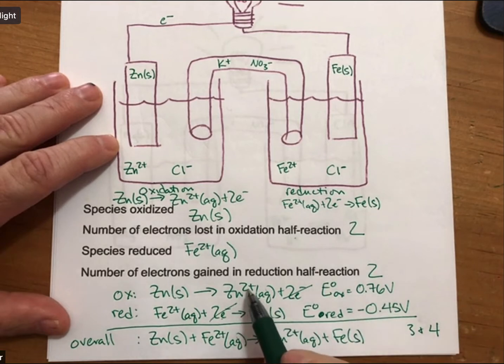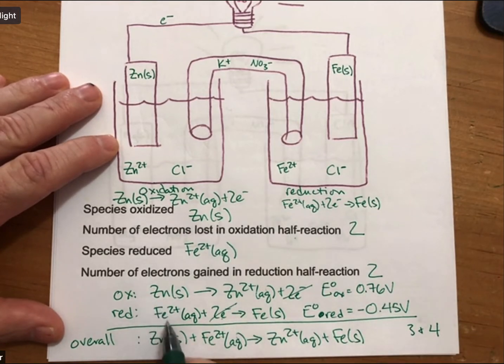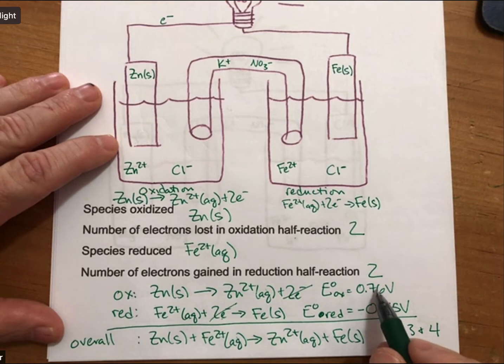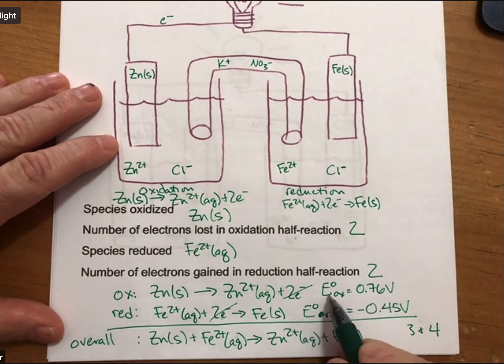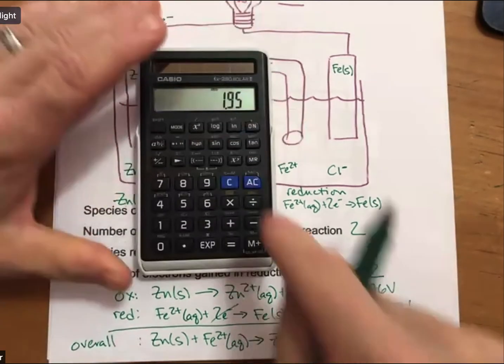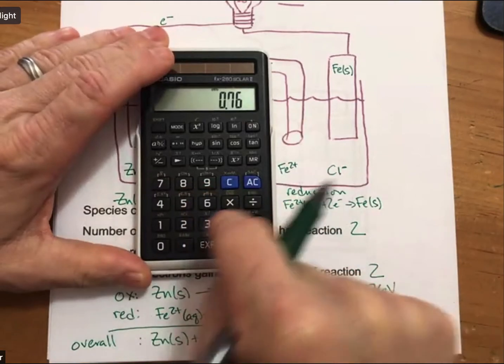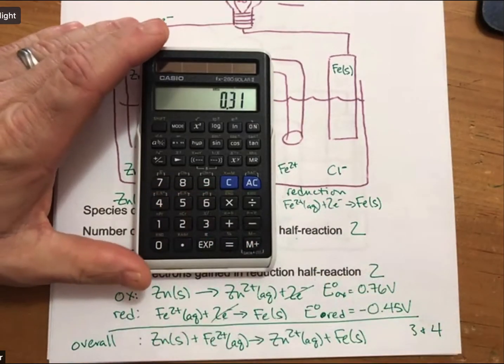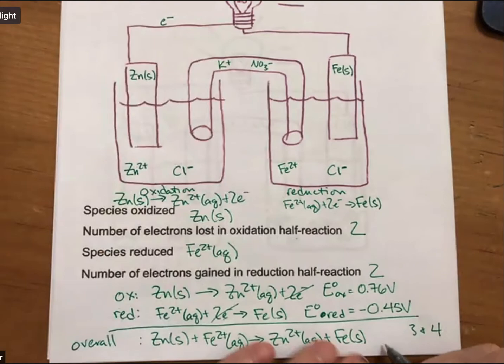And when we add reactions like we just did, we add cell potentials or voltages, and 0.76 minus 0.45 is 0.31 volts.